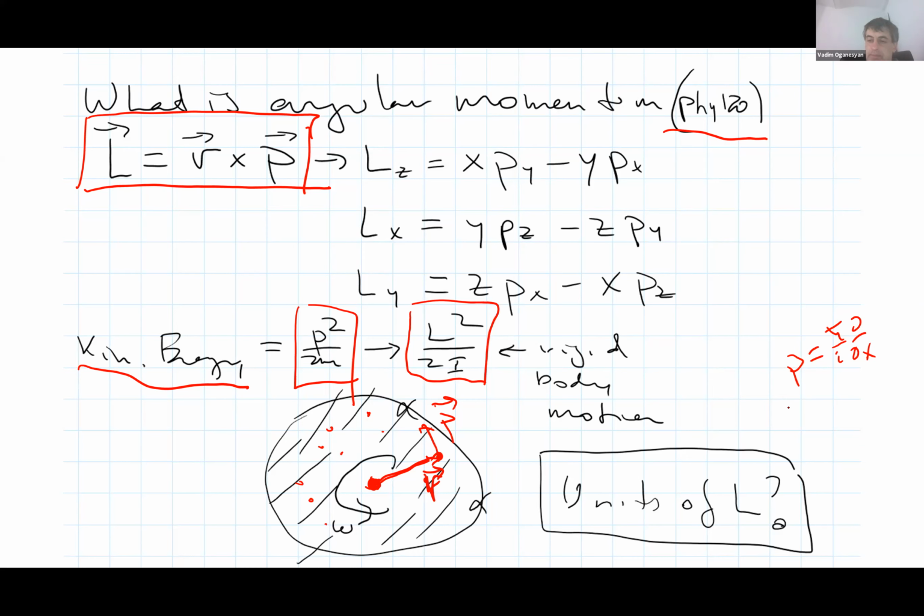Let's talk about that. I can start calling people out if that helps. I know Ricardo always pays attention. Ricardo, do you know what the units of momentum are?